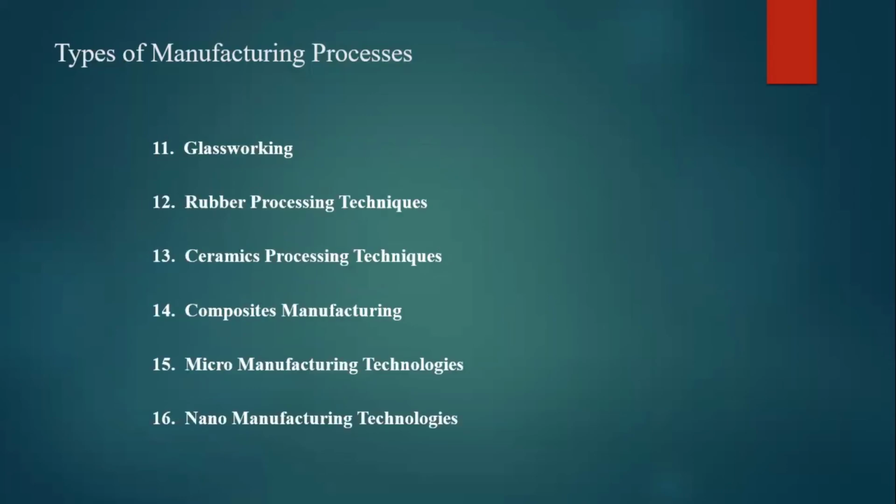Then, in the case of manufacturing processes, we also have glass working, rubber processing techniques, ceramics processing techniques, composites manufacturing, micro manufacturing technologies, and nano manufacturing technologies. We will discuss all these manufacturing processes and their types one by one in our next videos.